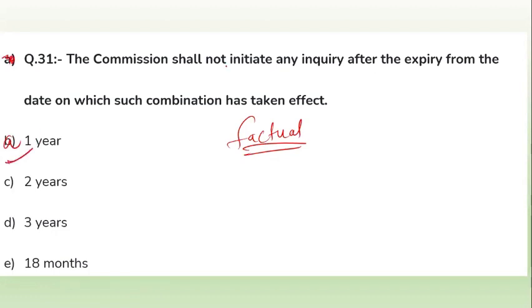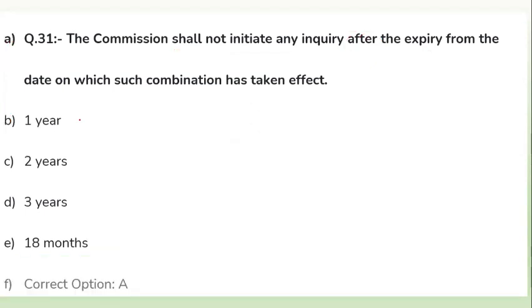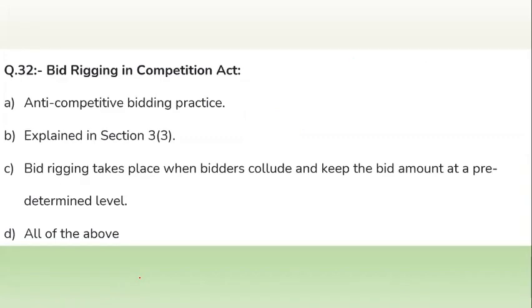The question is about the Commission not initiating any inquiry after expiry from the date on which the combination has taken place. So after 1 year, the Commission shall not have the authority to take any kind of action once the expiry date has gone. So A is the right answer.